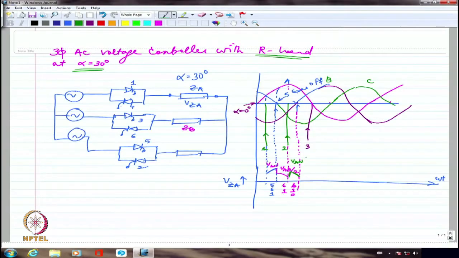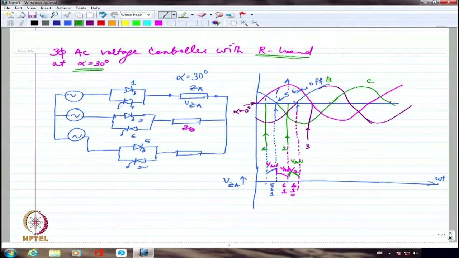So I will have VAN, VAB by 2, again VAN, then 6 will go off. So 1 and 2 will come, 1 and 2 will correspond to VAC. So VAC by 2 will come. So I am going to have line voltage, half of line voltage and phase voltage coming up alternately.